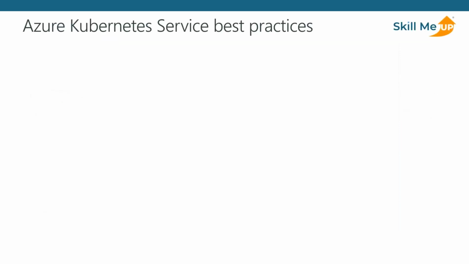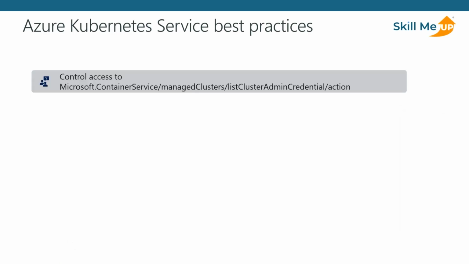And then a quick laundry list of AKS best practices. In the end, from an Azure access control perspective, the part that we need to manage is the access to the AKS resource provider's list cluster admin credential action. This is something that's available by default for a contributor.